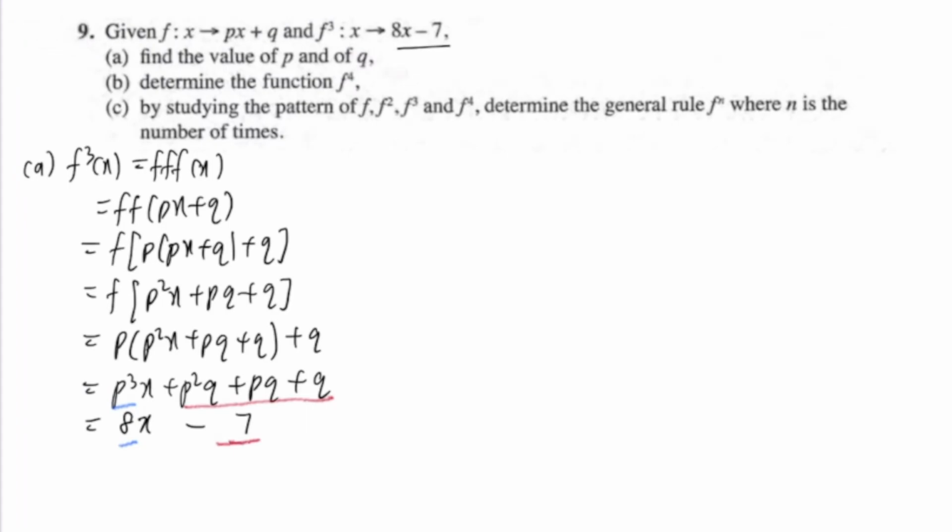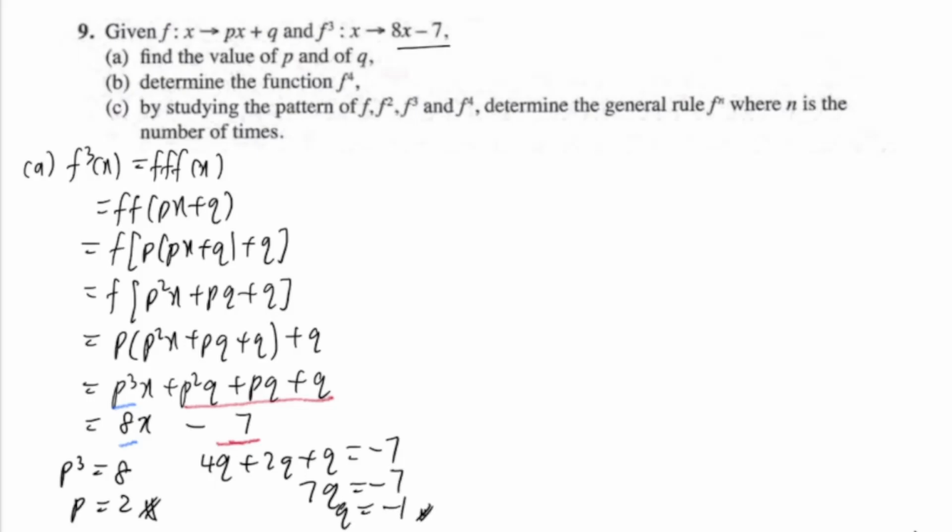So now, by comparison, I can see that p to the power 3 is 8, p is now 2. So put 2 inside your p: 2 squared is 4, 4q plus 2q plus q equals negative 7. So I've got 7q equals negative 7. q is minus 1.